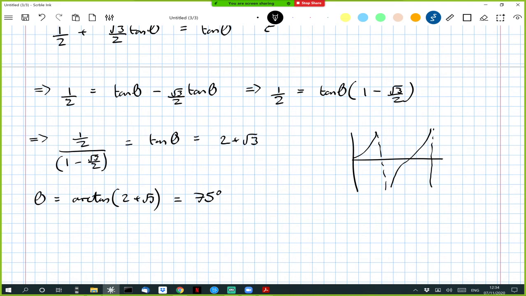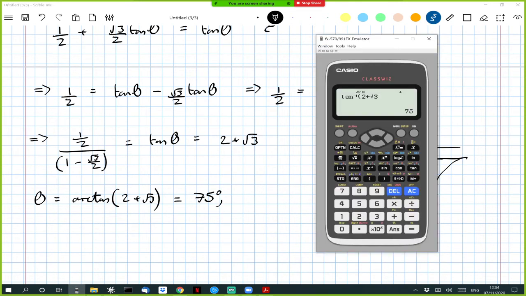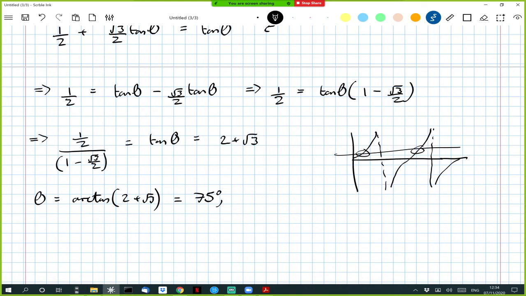Not a particularly good tan graph, but we can live with it. 75 and 75 plus 180. Should be able to do that in my head, but I don't want to take any risks. 255 degrees, and that's it. So there's our two answers.